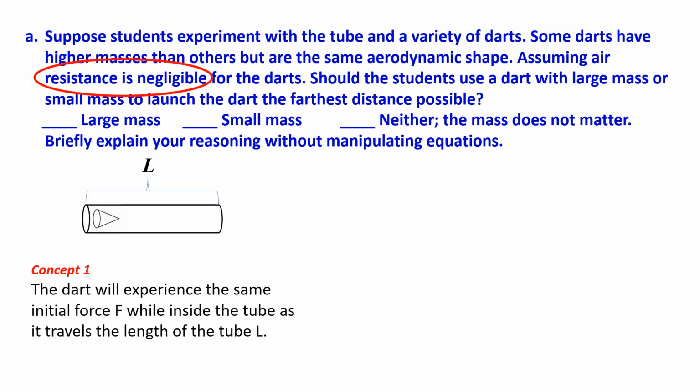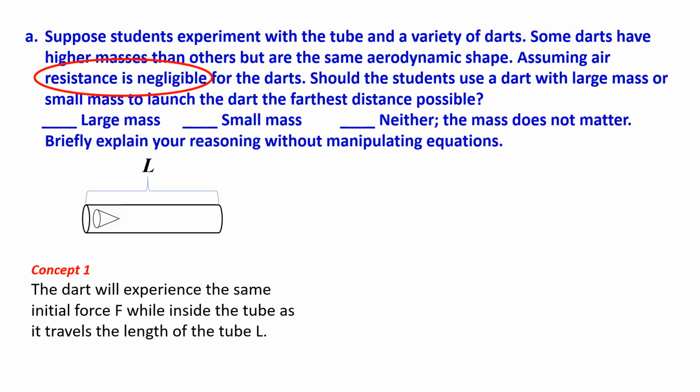So the first concept is that the dart will experience the same initial force while inside the tube as it travels the length of the tube L. So always remember, it says in the problem, some darts have higher mass. Should a student use a dart with a large mass or small mass to launch the dart the farthest distance possible?